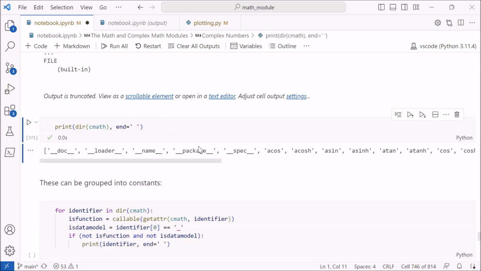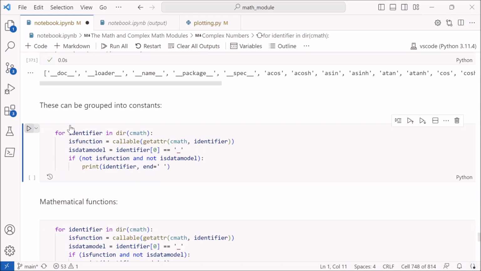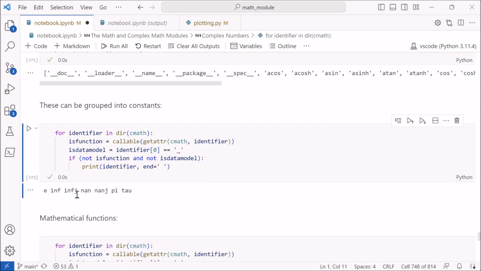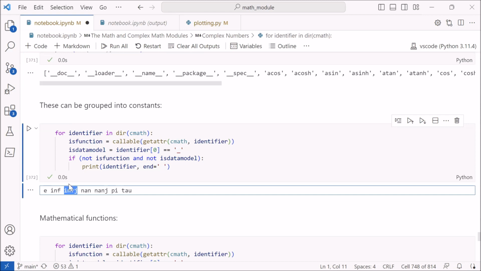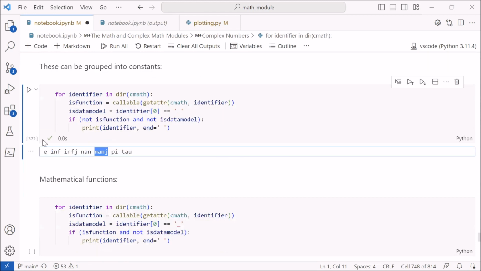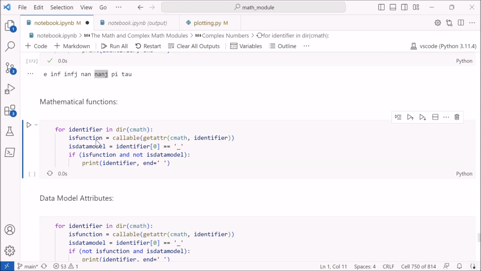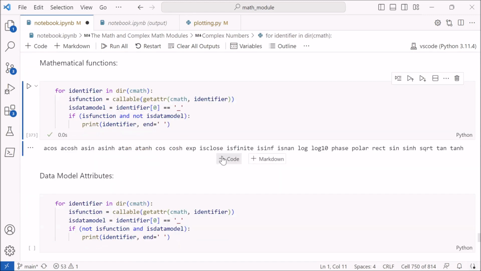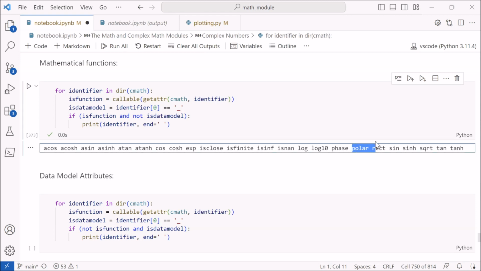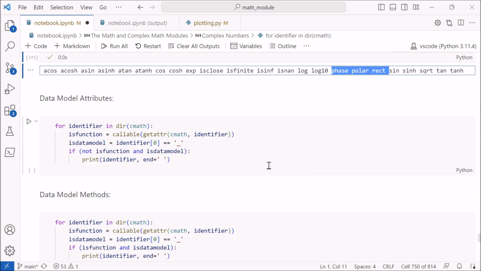So we can have a look at the directory and we can group these into constants. So we've got a constant for an infinity imaginary component and not a number imaginary component. We've got the same constants as before otherwise. Have a look at the mathematical functions. We see that most of these are the same as before. There are some other ones like polar and rectangle coordinates as well as the phase.